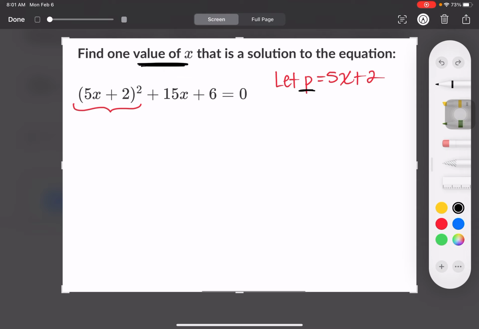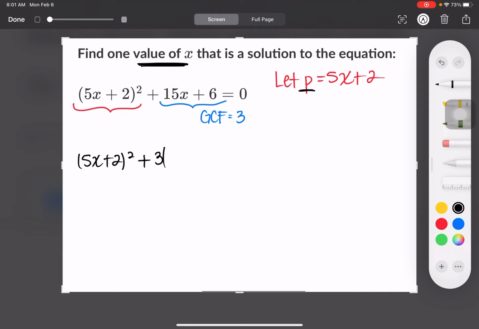So I do want to go ahead and focus on finding the GCF of that expression there. Let's find the GCF of this one. The biggest number that divides into 15 and 6 is 3. So let's rewrite the equation. It's a 5x plus 2 squared plus 3, open parentheses.